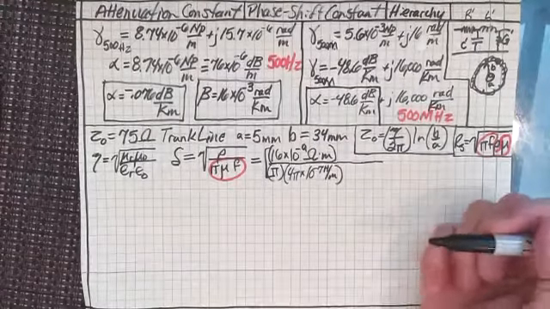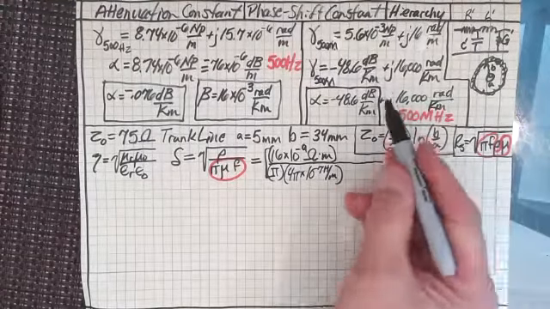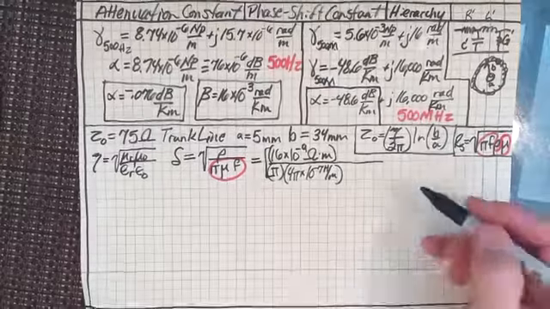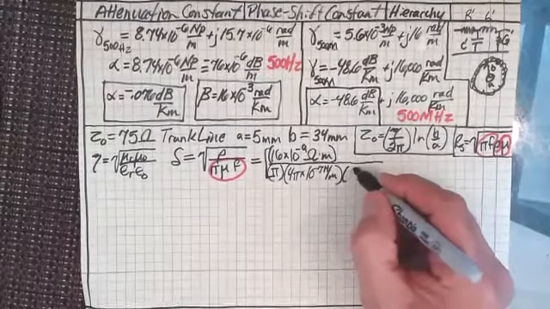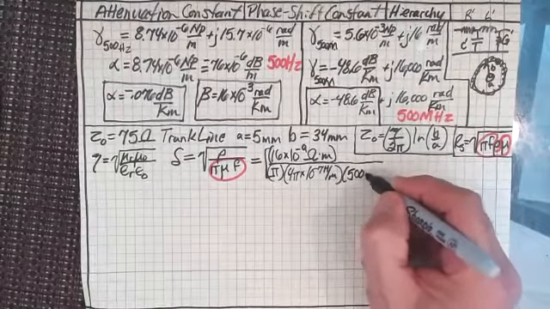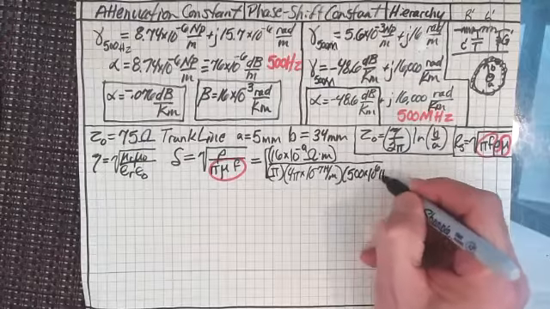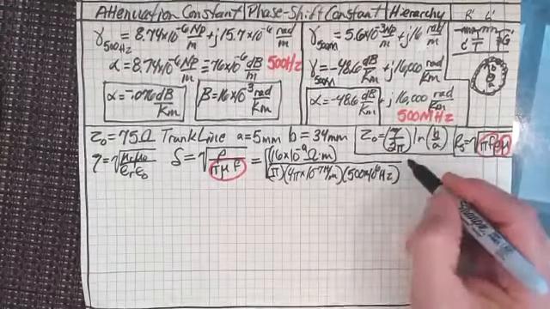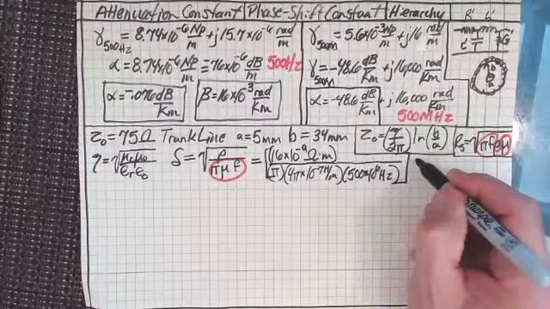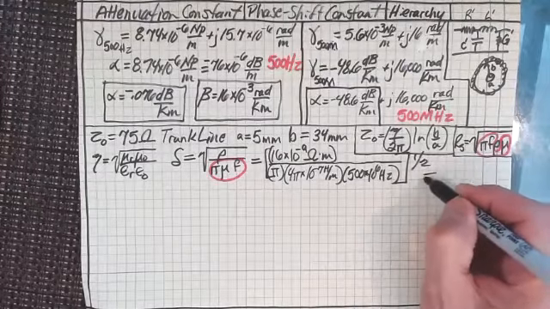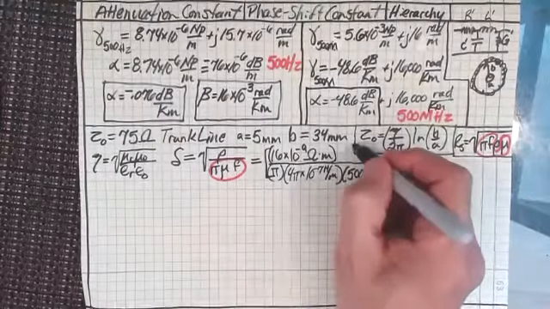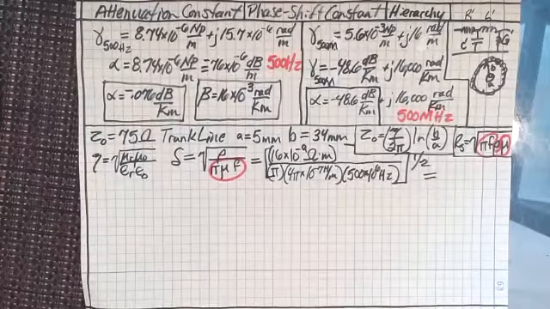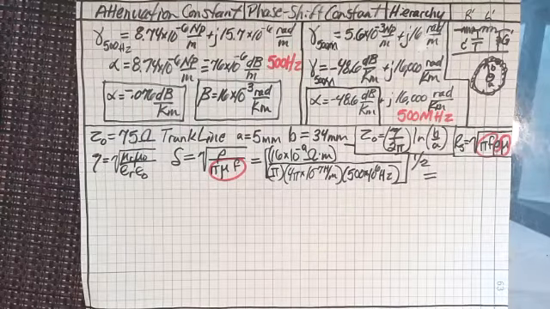In the cable trunk line, I'm running at cable speeds, 500 megahertz, so 500 times 10 to the 6 hertz. And this is all taken to the square root.